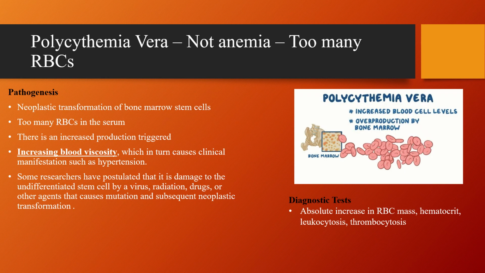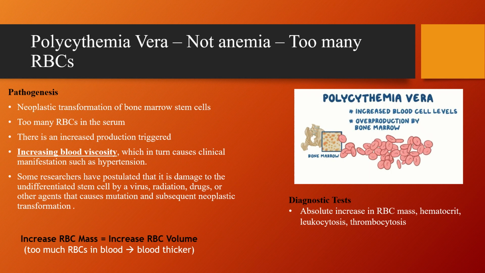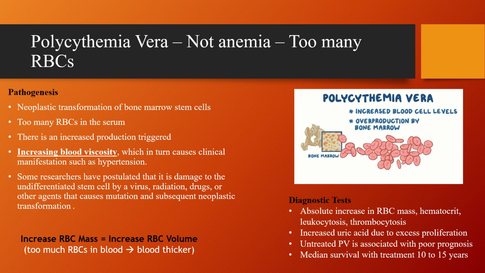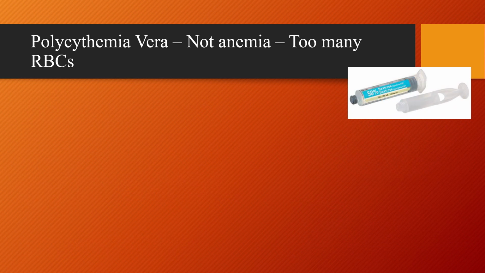When we talk about diagnostic tests, there's an absolute increase in RBC mass, hematocrit, and leukocytosis and thrombocytosis. So this is too many red blood cells, and blood is thicker. Common manifestations are going to be high blood pressure because of that high blood viscosity.